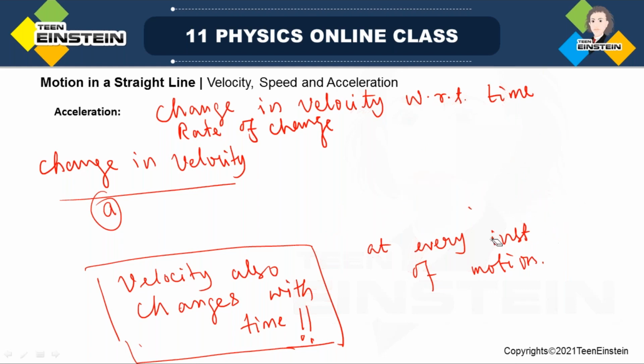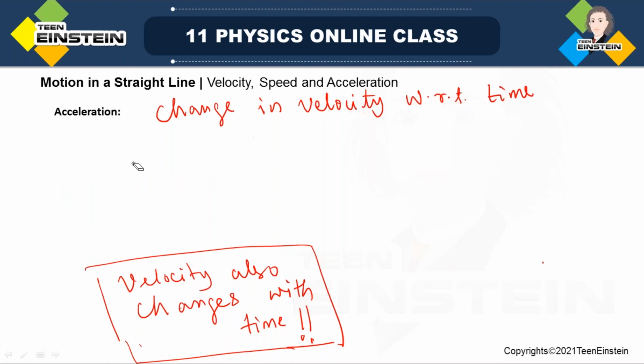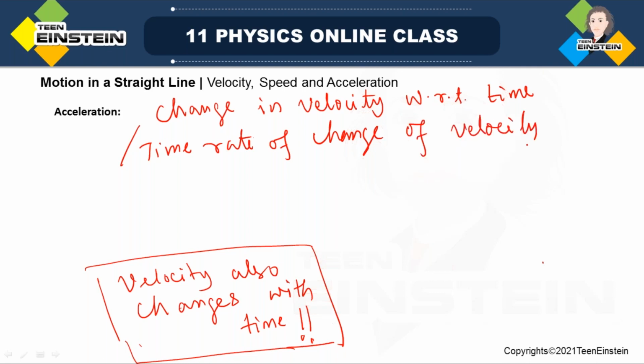So the time rate of change of velocity is defined as acceleration. Or in other words, acceleration is defined as the time rate of change of velocity.